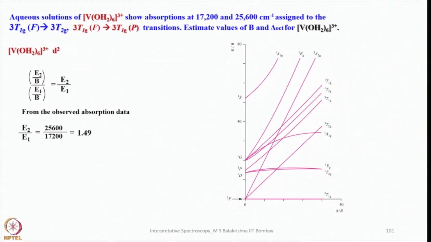Here this is the compound given, and if you look at the plot of E over B versus delta O over B, the B is unknown, but if you take the ratio E2 over E1, this comes around 1.49.